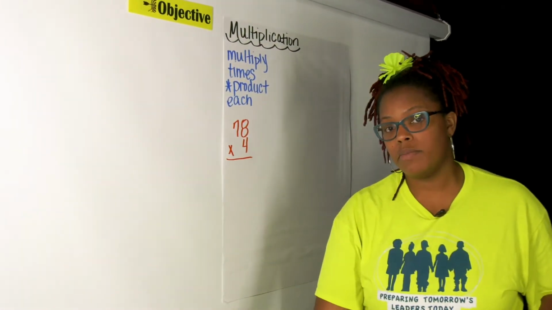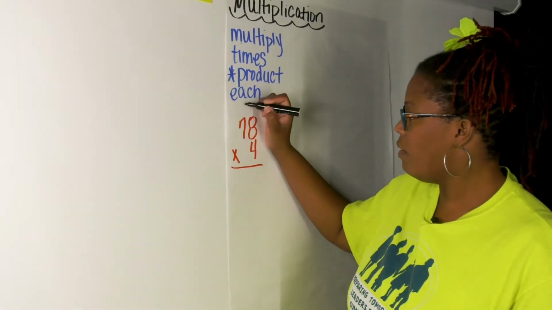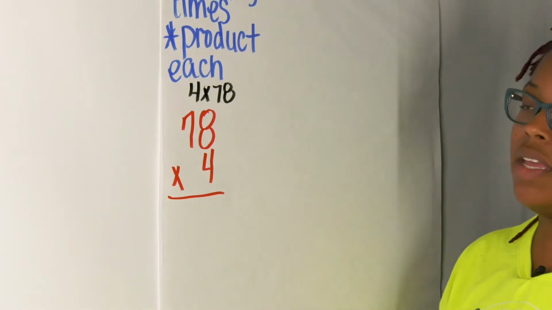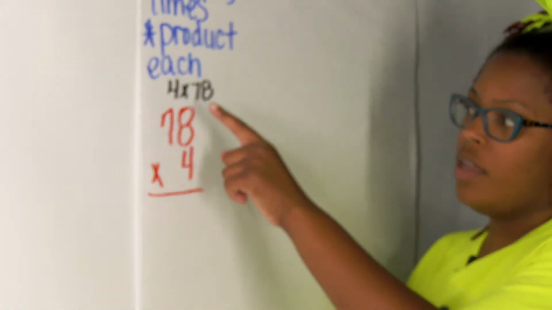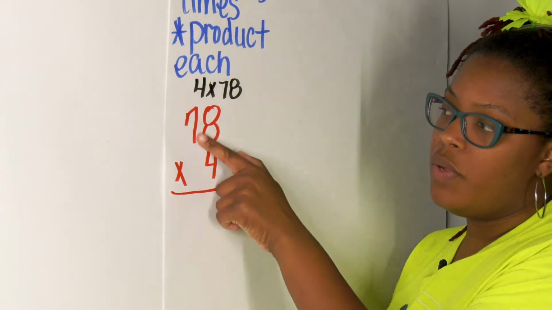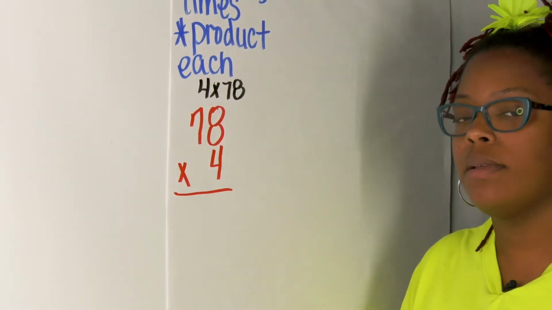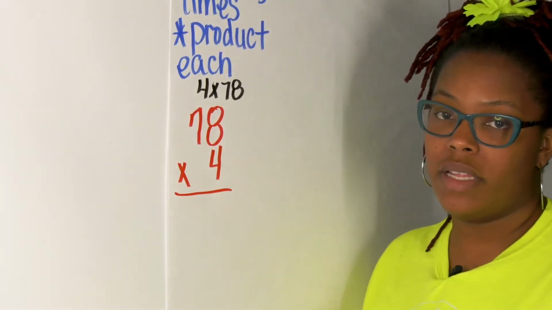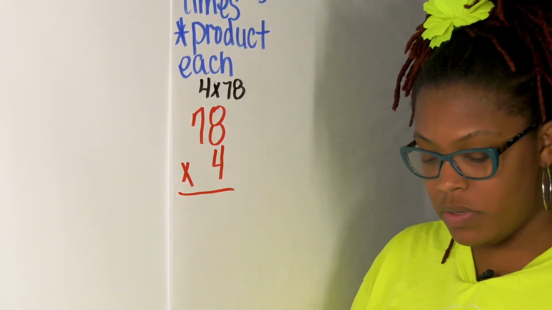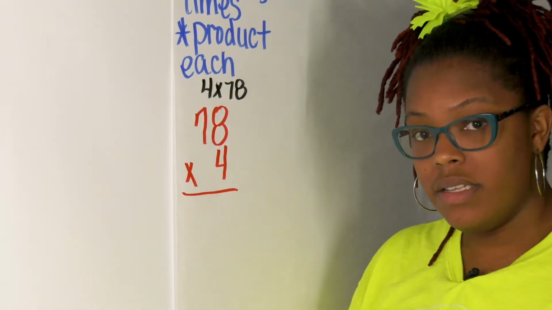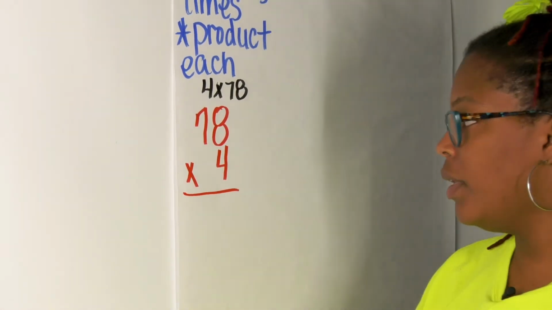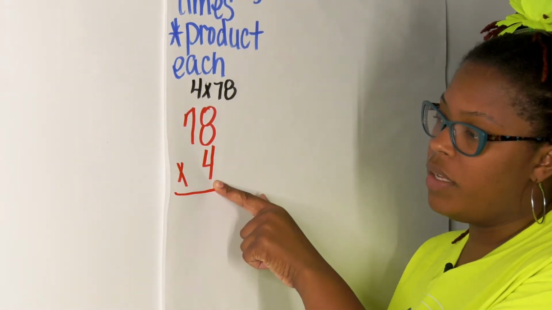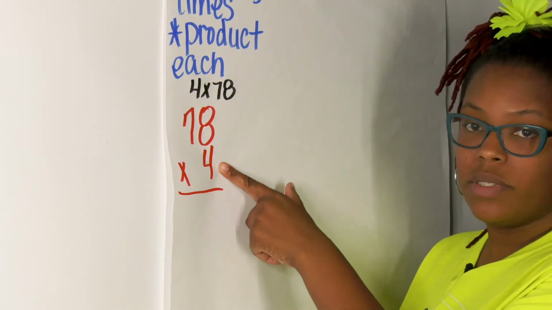Now this can also be written horizontally. And if you recall, 4 times 78 would not be the proper way to write this because the number with the most digits should be at the top. Okay, so these are just a few multiplication strategies that are very important that you remember. So 4 times 78 can also be written correctly vertically, 78 times 4.